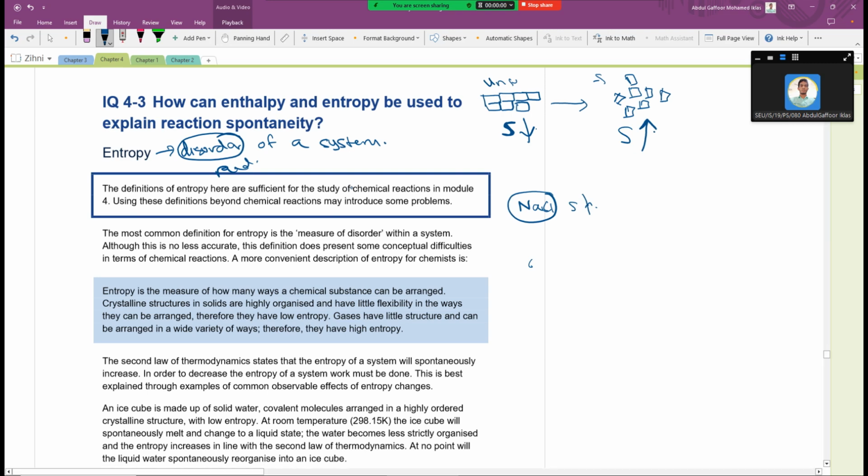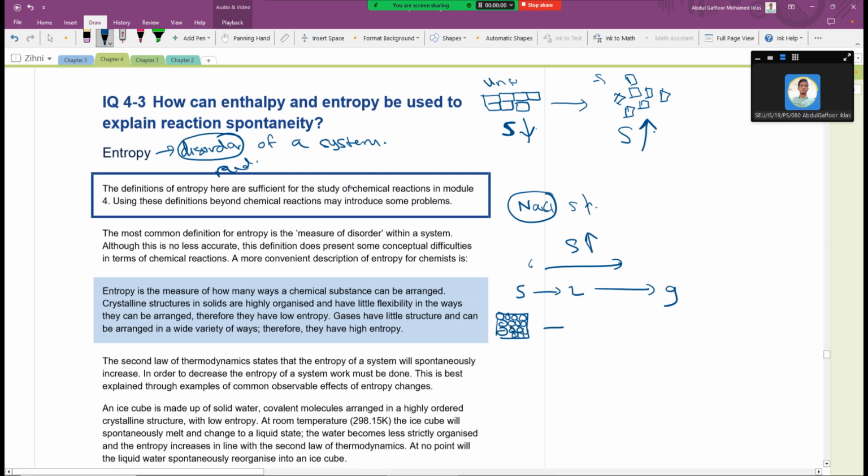And there are some changes of state in which entropy increases. For example, when solid becomes liquid and liquid becomes gas, in this direction entropy will increase. You know how particles are arranged in a solid, very uniformly, with no space among the particles.